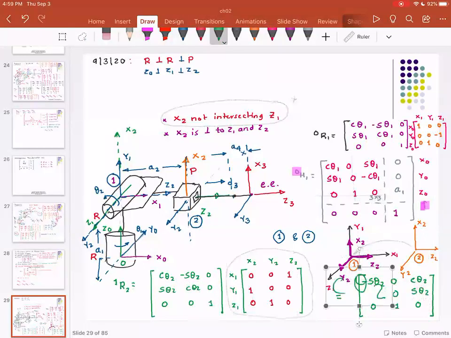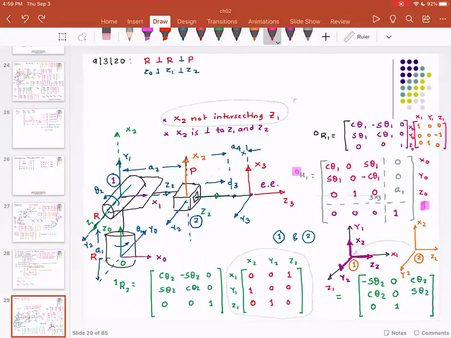So this is my rotation matrix. Now, this is half the battle. Please note, we have not derived the homogeneous transformation. But for homogeneous transformation, one key important piece is the distance between two frames.